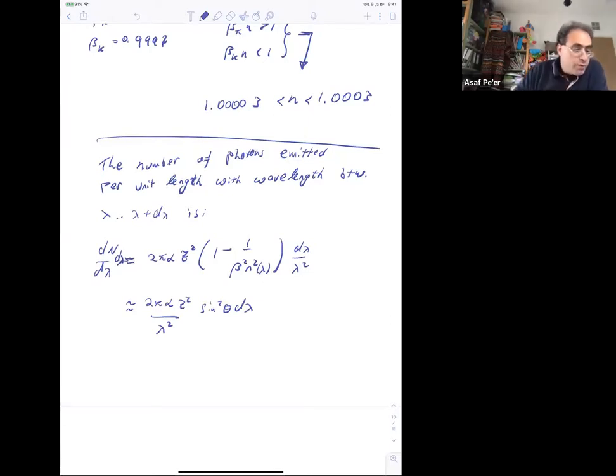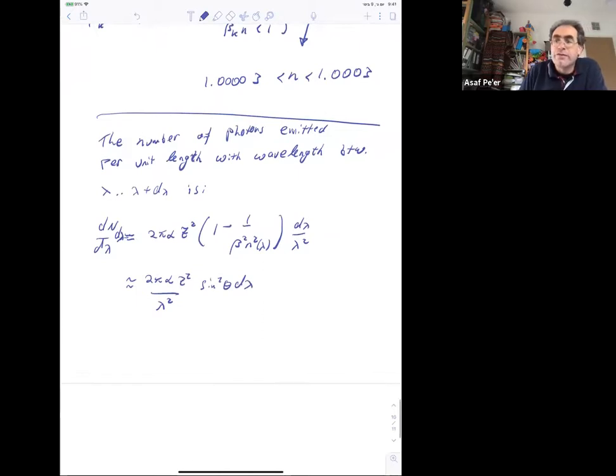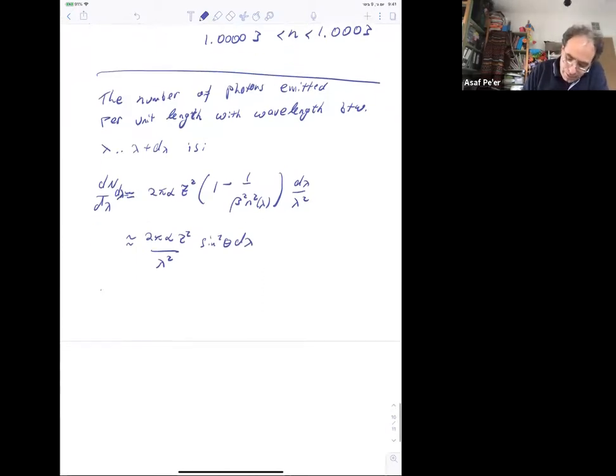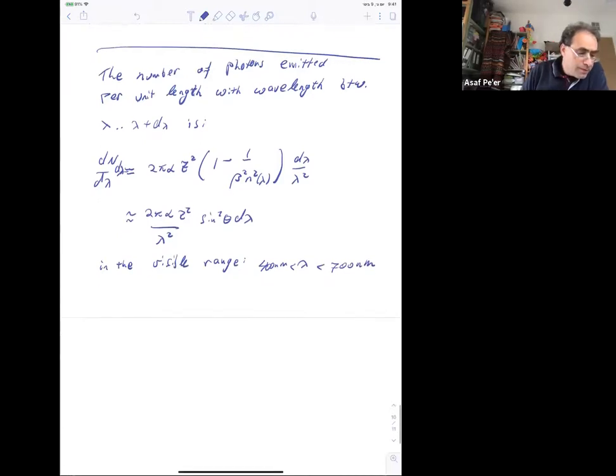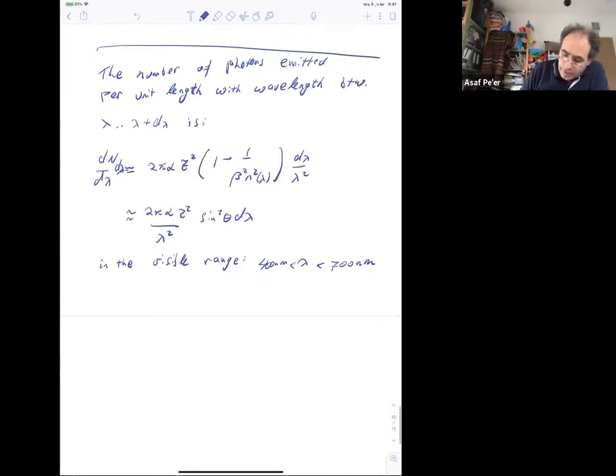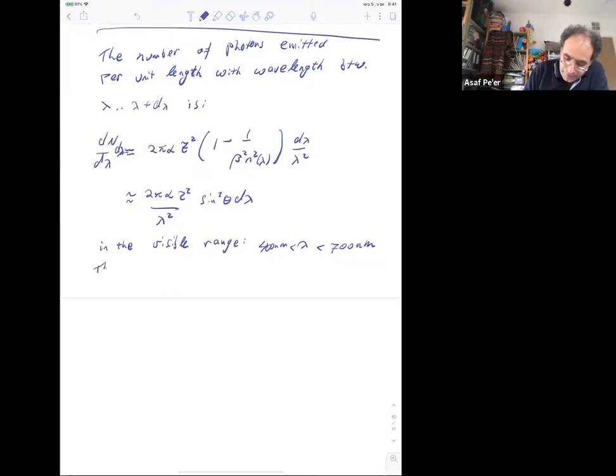Which means that if we want to have photons in the visible range, right? Visible range is lambda between 400 and 700 nanometers. In the visible range, lambda is greater than 400 nanometers and less than 700 nanometers.